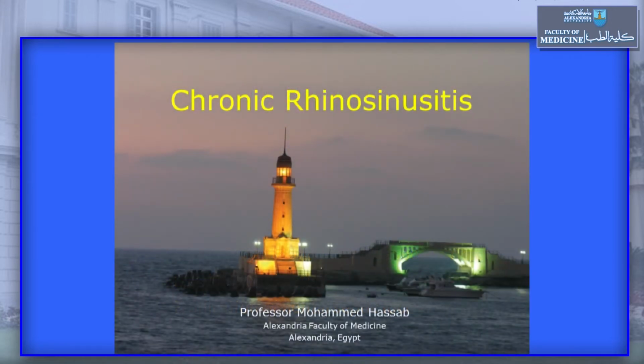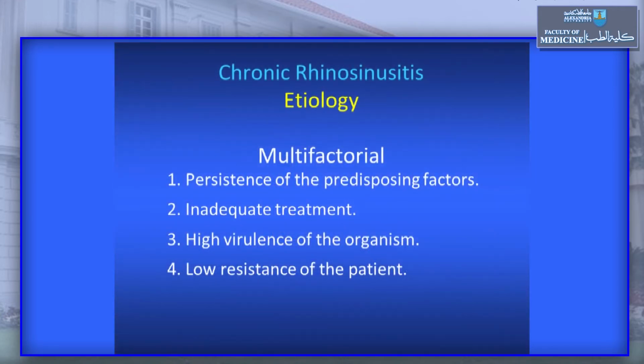Moving on to the second segment of this lecture, which is chronic rhinosinusitis. Chronic rhinosinusitis is a chronic inflammation of the paranasal sinuses lasting more than 12 weeks. It is a disease of multifactorial etiology. What are the factors that can contribute to the genesis of chronic rhinosinusitis?